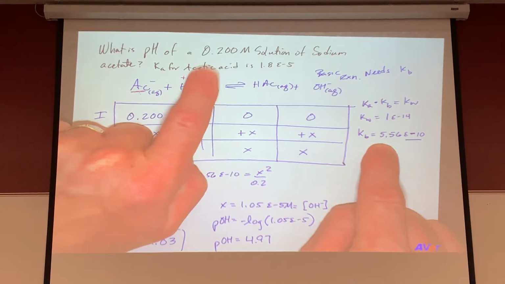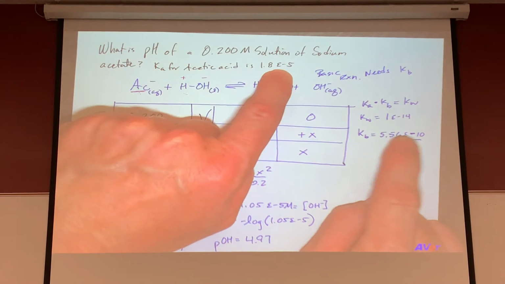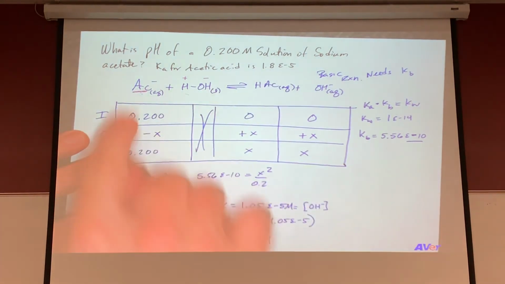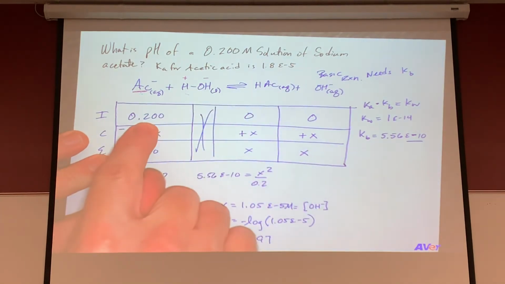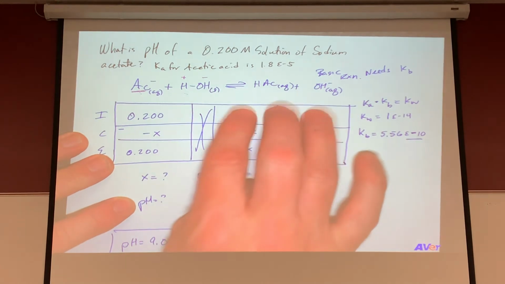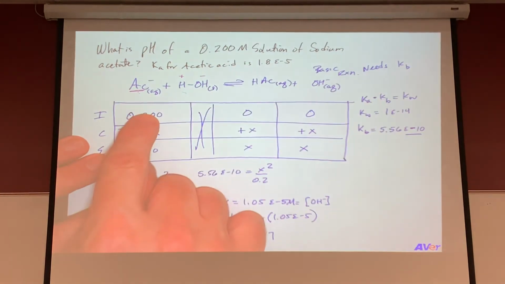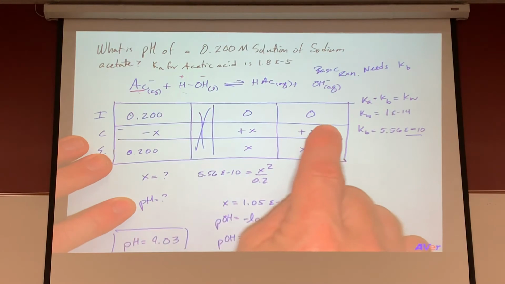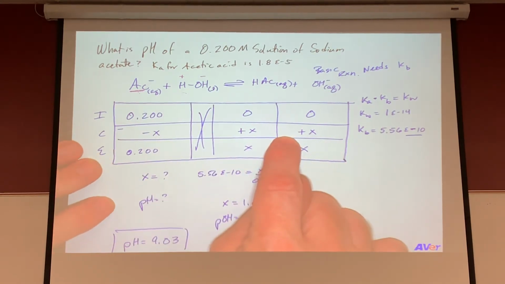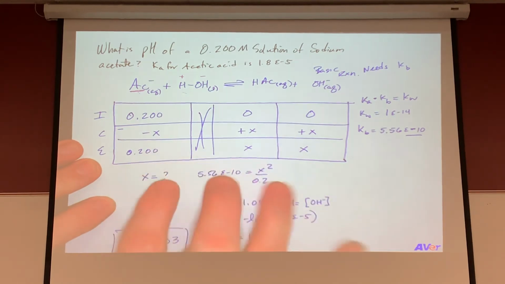The answer is yes. This is a stronger acid than this is a base, because it has a bigger K value. So if you're looking at two equations, this would sit further to the right than that one does. But in this particular situation, in making the solution, there is no acid, there's no base to start out. So those are zeros. And then as the reaction proceeds, this has to go to the right, this has to go down, these two have to go up. Okay. And that's where you do the rest of this.